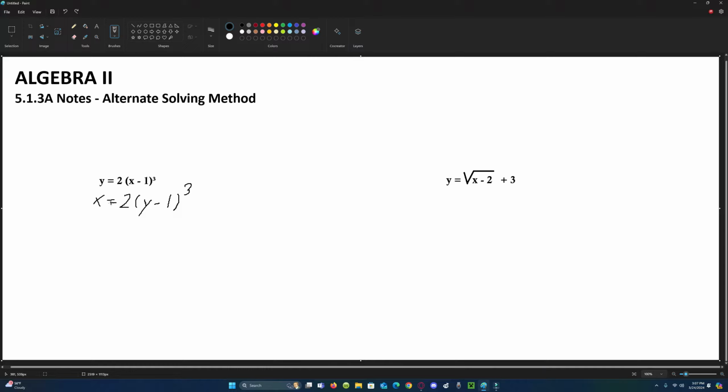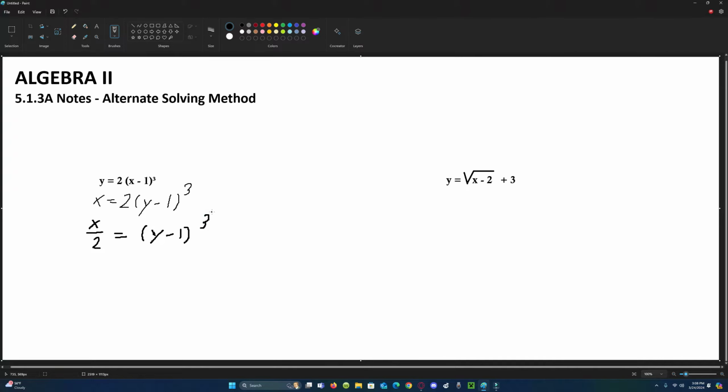Once you get here, you would just solve for y. So what you would do first is get rid of this 2, because that's what you would do in most of these problems. You would get rid of something multiplying. So this would then become x over 2 is equal to y minus 1 cubed.